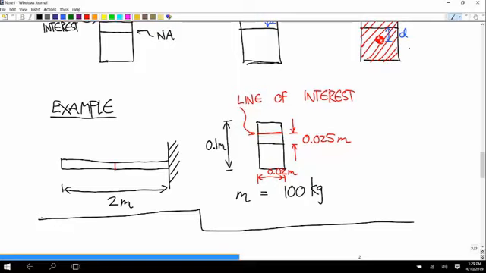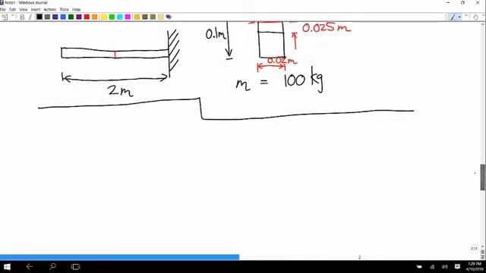So in order to have both of those two things, we have to be somewhere in between the neutral axis and the extreme edge. Okay, so we don't have to calculate the external loads to do this internal load problem.